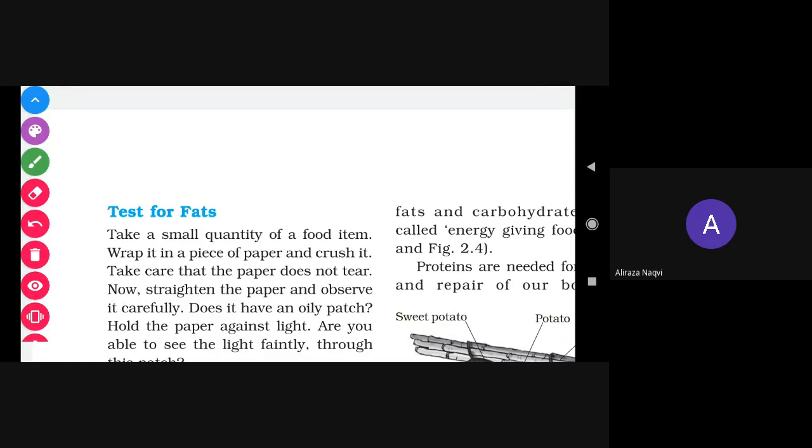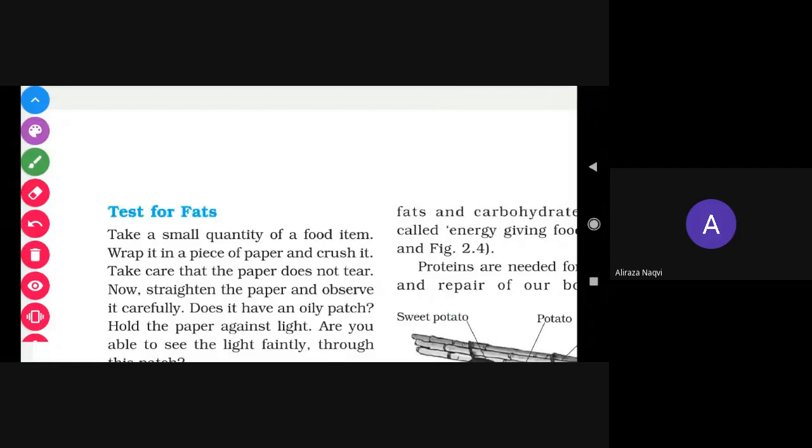Is he present or not? Is Ruhan present? Okay, anyways, let's move on to test for fats, okay?